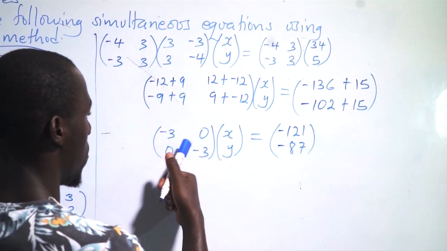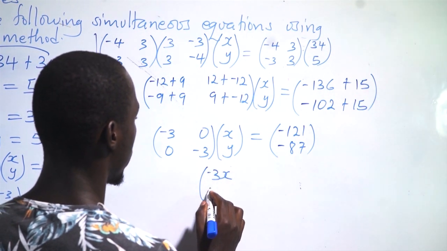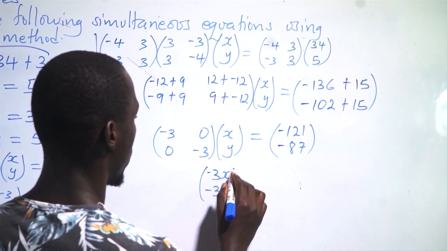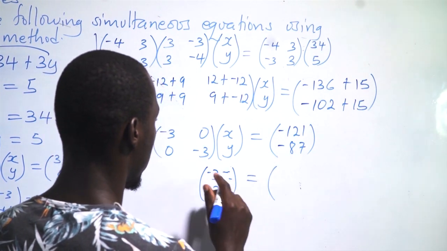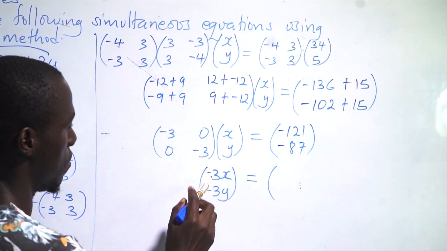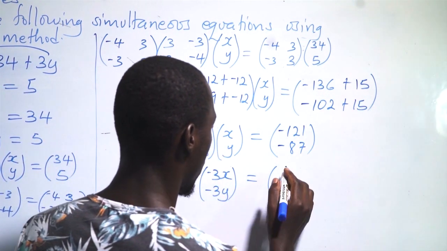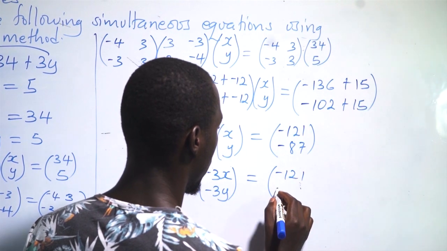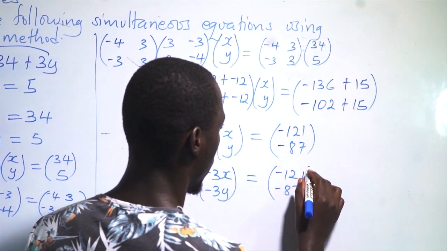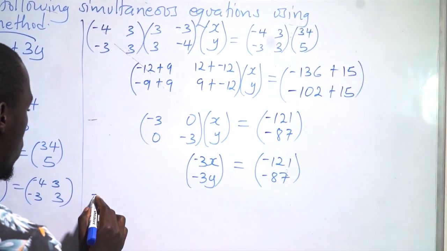Then again, when I multiply here, I'll be having negative 3x minus 3y. From the previous example, we have said row by column that this one is going to be 0. So 0 plus the negative 3x is the negative 3x. Then equal matrices, corresponding elements are equal.